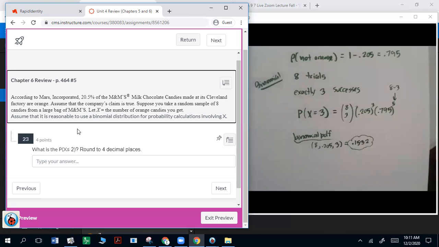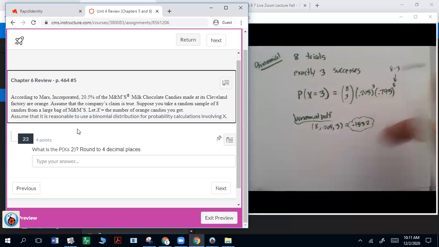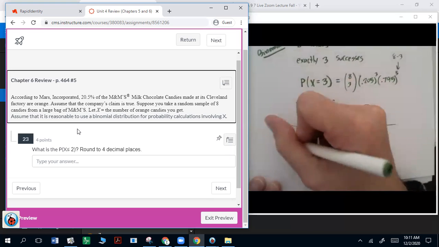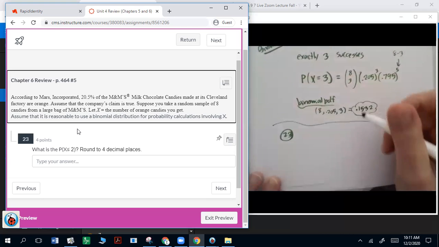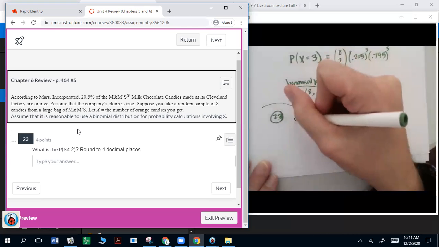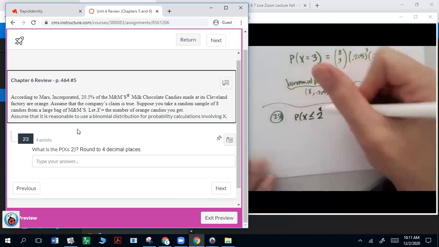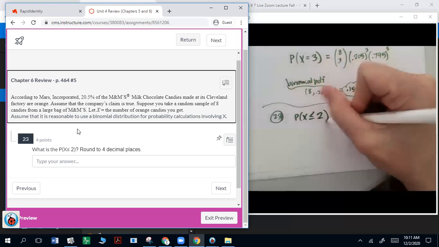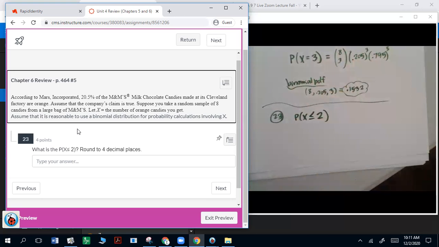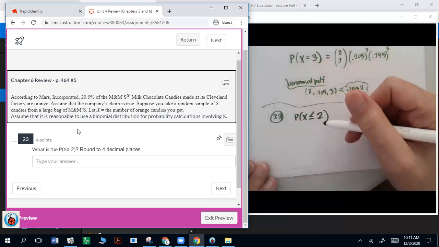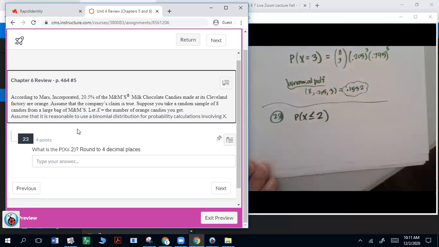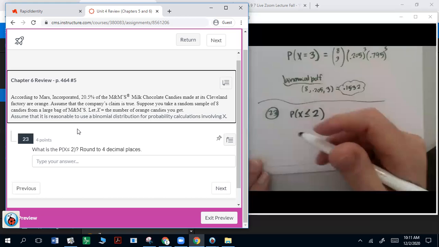What is the probability X is less than or equal to 2? Round to 4 decimal places. So the probability X is less than or equal to 2 is the probability that when you select 8 candies, 2 of them or 1 of them or none of them are going to be orange.